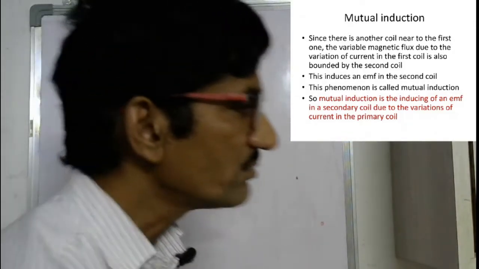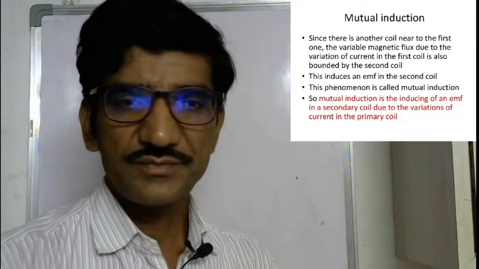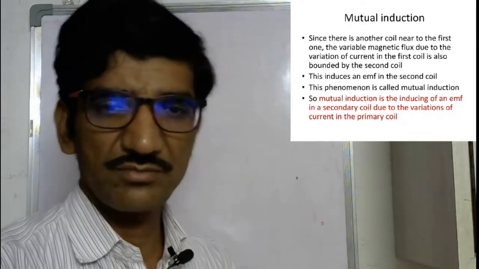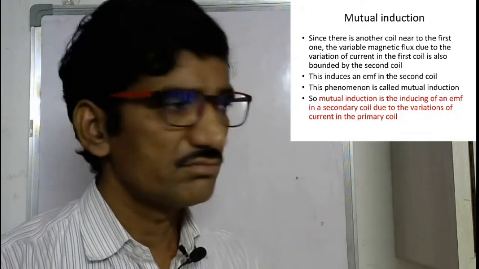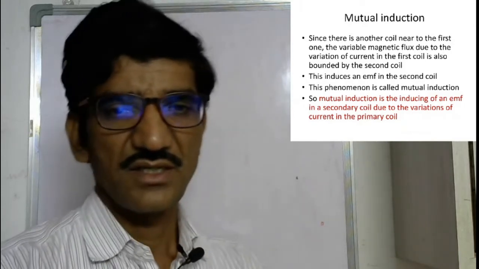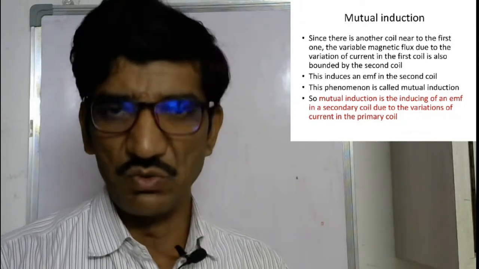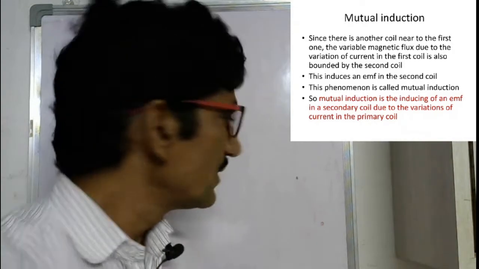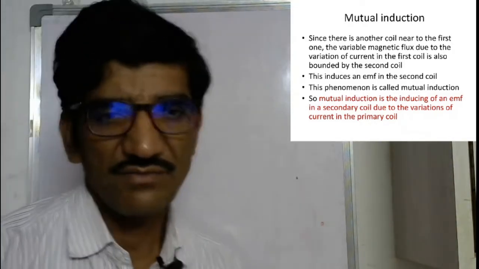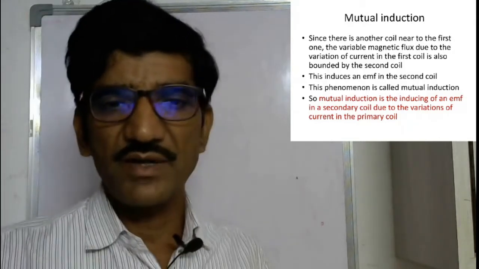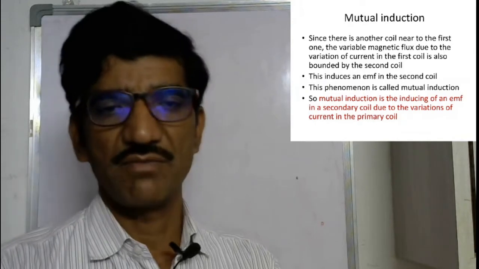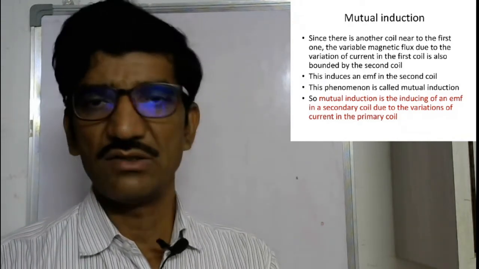Due to the current passing through the first coil, there is some induced magnetic field around that wire. That means the flux is passing through that loop or coil. We are just placing the second coil very near to that coil. The flux which is bounded by the current carrying coil is also bounded by the second coil or loop.